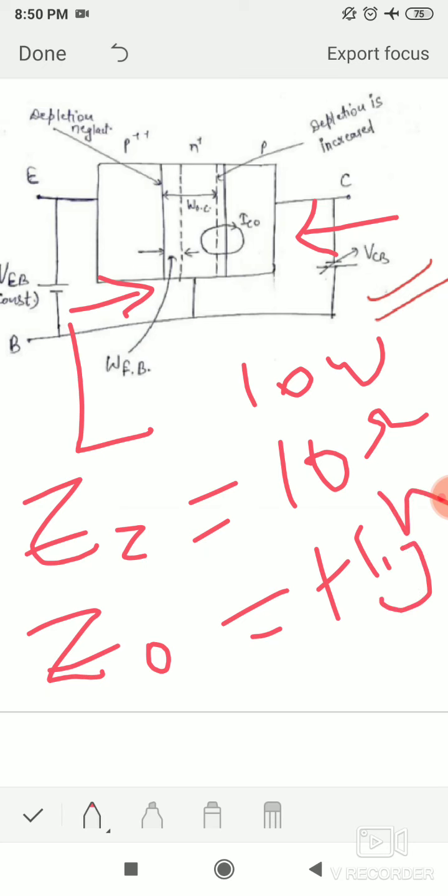So we can use this as an amplifier. So we tested that the BJT is an amplifier when the base-emitter junction is forward bias and the collector-base junction is reverse bias.